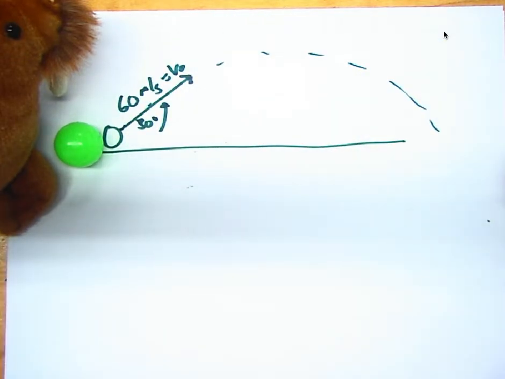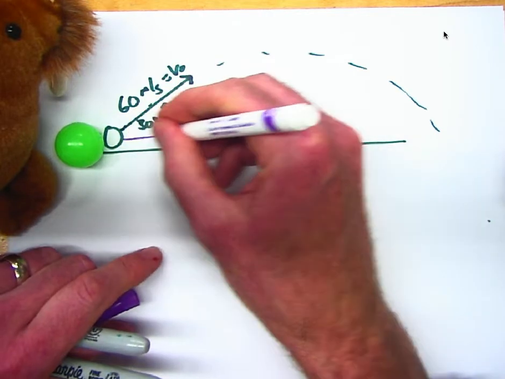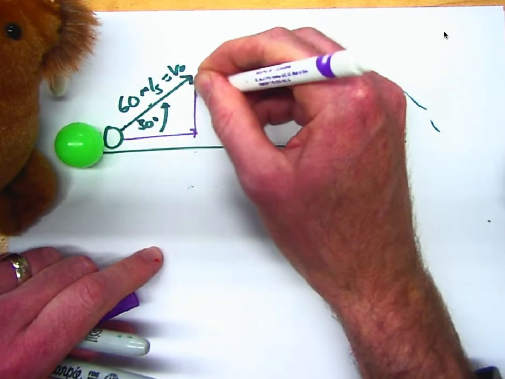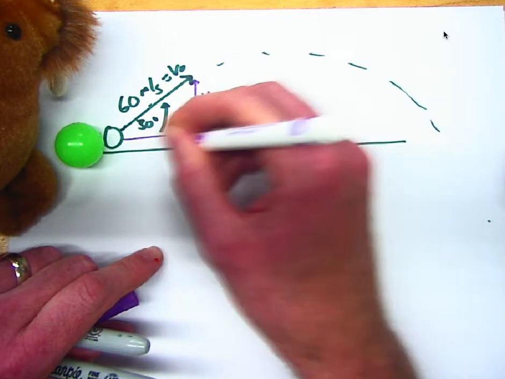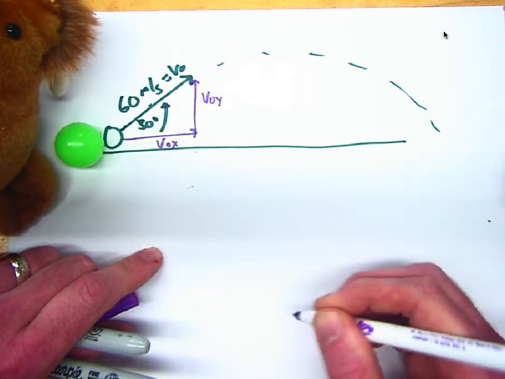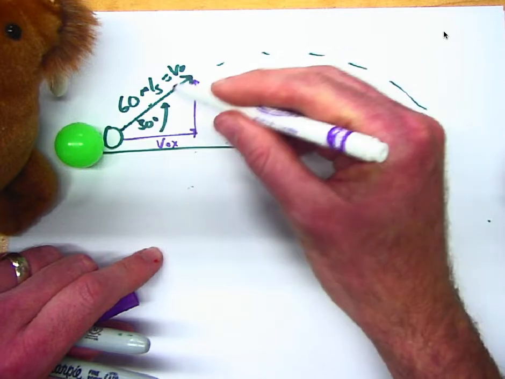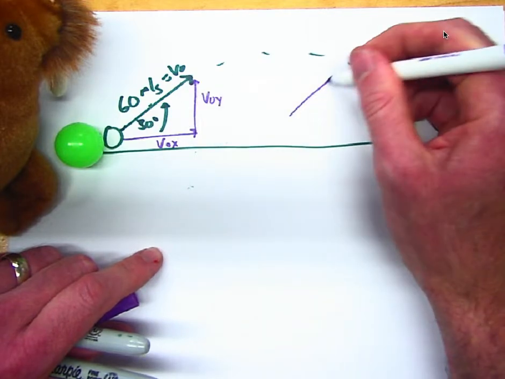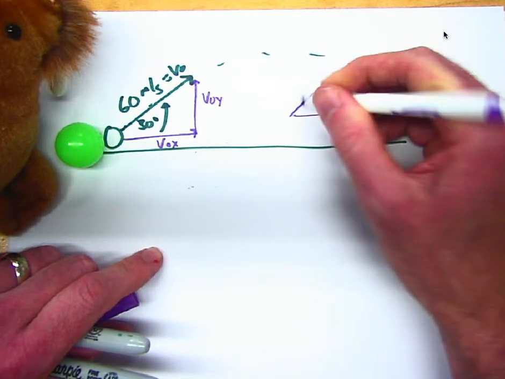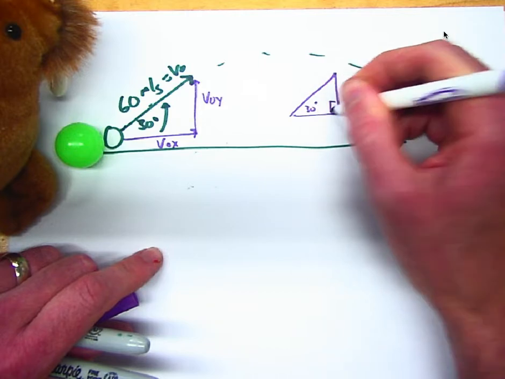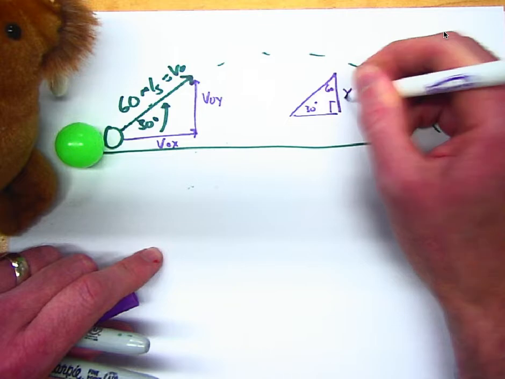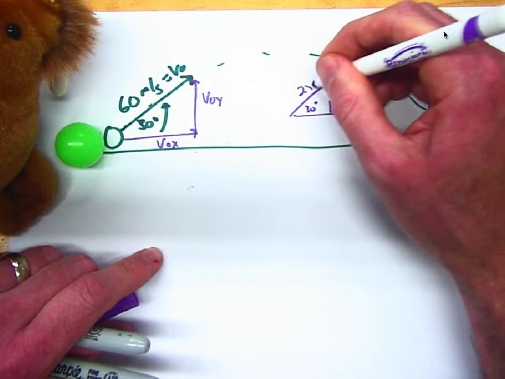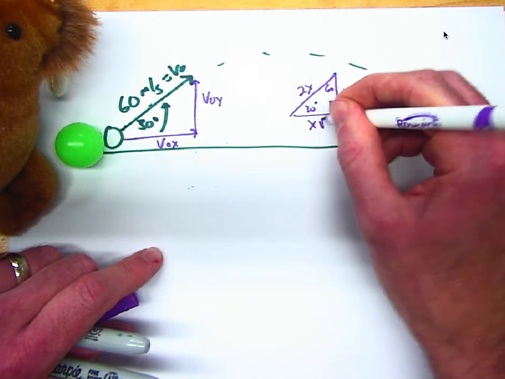Well, first off, break things into components. We've got this component and we've got that component like that. So I want to find out what's my V0y and what's my V0x. As a quick trig reminder, this is a 30, 60, 90 right triangle. And the ratio of those sides: if this side is x, then this side is 2x, and this side is x times the square root of 3.